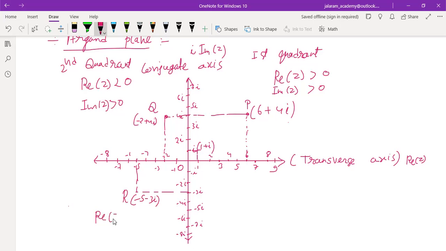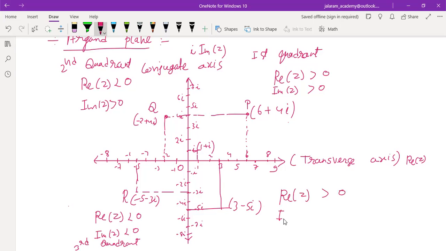Clearly, the real part of z will be less than 0 and the imaginary part of z is also less than 0, and this is the third quadrant. And in the fourth quadrant, 3 minus 5i means the real part of z is positive and the imaginary part of z is negative. So this is the fourth quadrant.